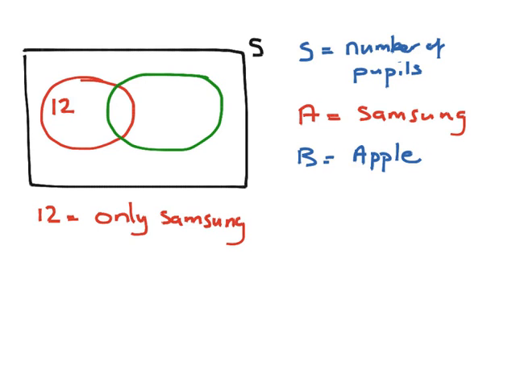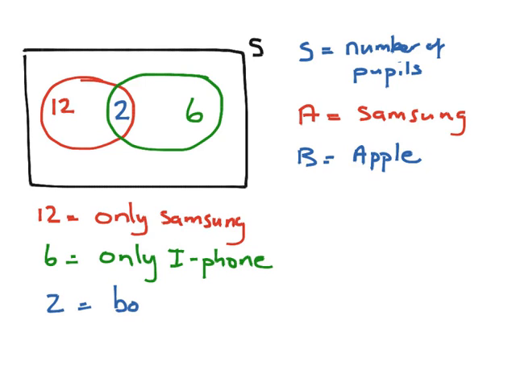We have 6 people who've only got an iPhone. And we've got 2 people who've got both.